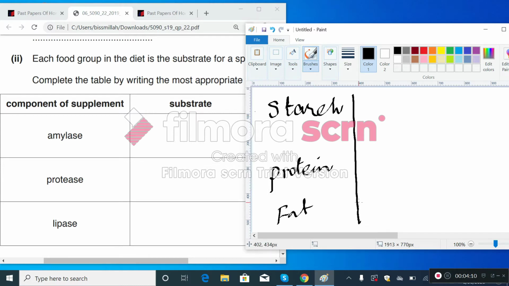We will talk about the final components, the final products we get after the reaction. When amylase digests starch, it will convert this starch into maltose or glucose as the final product. Maltose or glucose, that's the final answer.